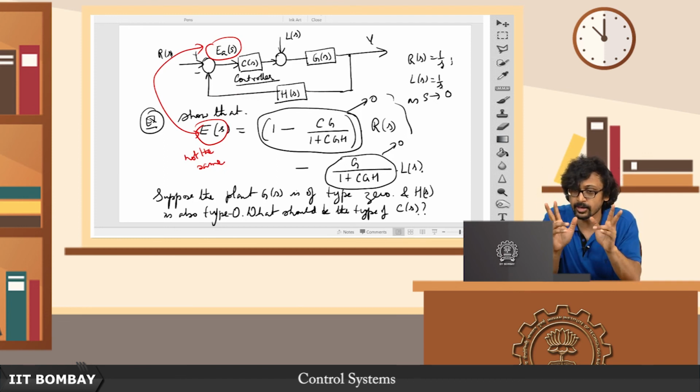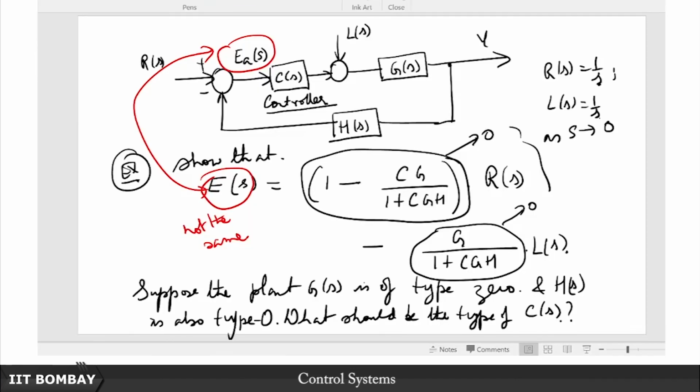So the point is, now the question you have to answer as a control systems engineer is, what should be the type of C? Given that G and H are of type 0, what should be the type of C in order to ensure that this transfer function or this suitable design of this controller will lead to 0 steady state error, okay. So that is the question I want to leave you with.